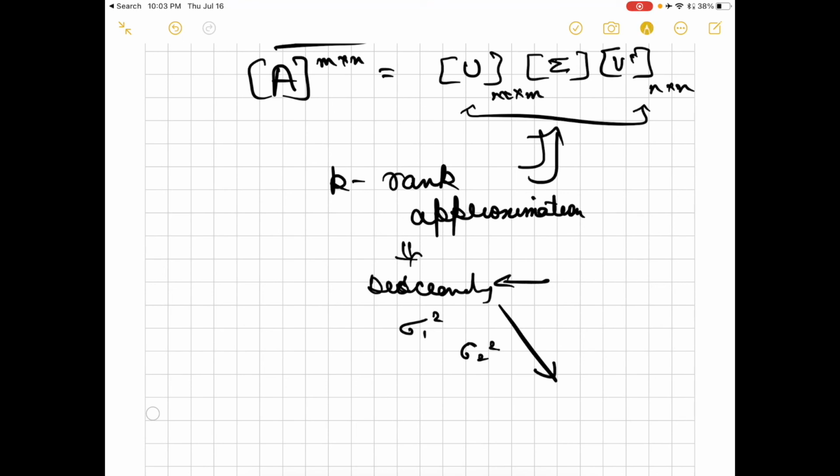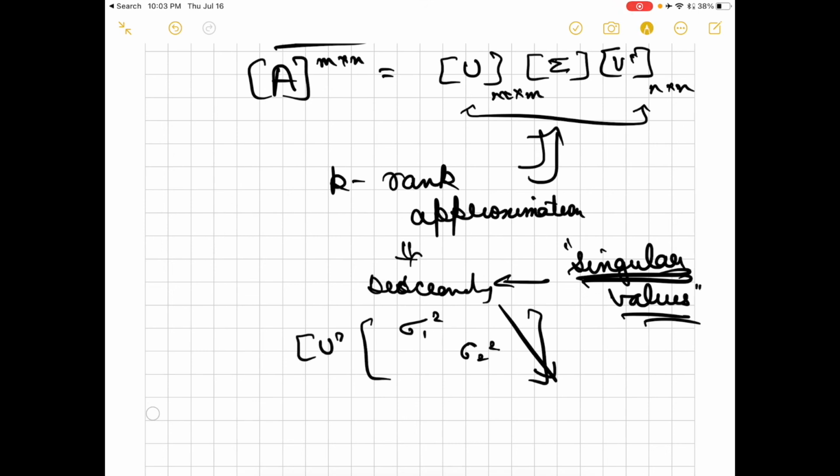We call these diagonal elements the singular values. It has nothing to do with the singularity that we learn in terms of calculating determinants. Here, singular refers to the diagonal elements of our diagonal matrix, which are multiplied by our two rotation matrices, U and V transpose.